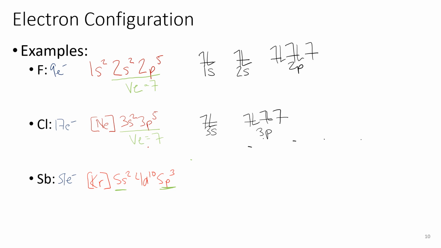So my valence electrons here would once again be coming from the S and the P subshells. So we would have a total of 5 valence electrons. The core electrons would then be summed up by krypton and the 4d10. So please make sure that you do review your electron configuration if you have forgotten any of it from your freshman course.